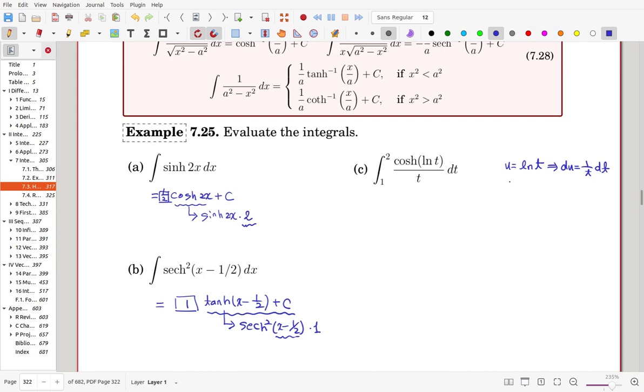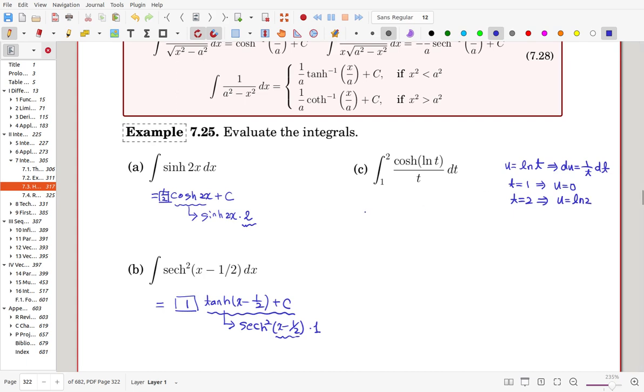And t equal 1 means u equals 0, and t equal 2 means u equals logarithm of 2.